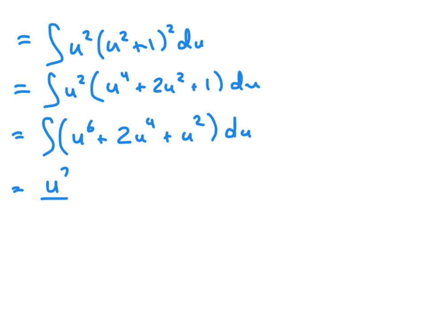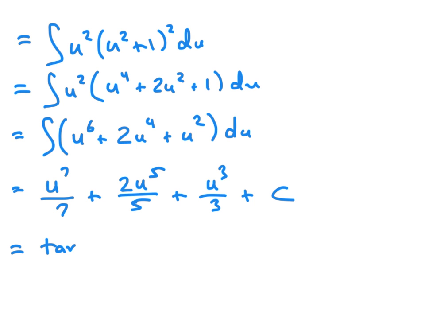Using the power rule in each term, we get the antiderivative here to be u to the seventh over 7 plus 2u to the fifth over 5 plus u cubed over 3, all plus c. And finally, we go back to x by replacing u with the tangent of x.